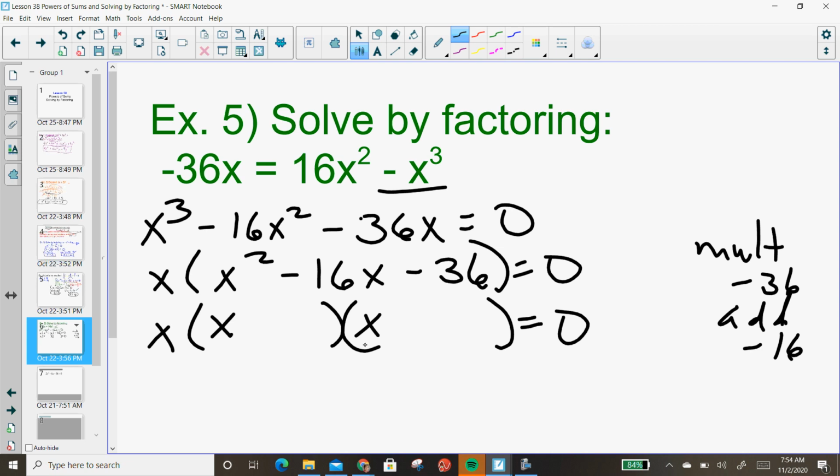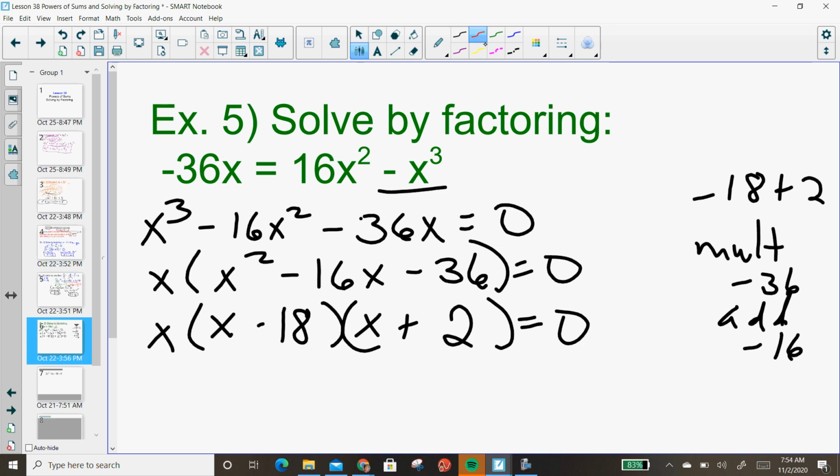Okay, those at home, go ahead and type for me what your parentheses are now. And so to multiply to get a negative 36 and add to be negative 16, we needed a minus 18 and a plus 2. So most of the ones at home have indeed said minus 18 and plus 2 right there.